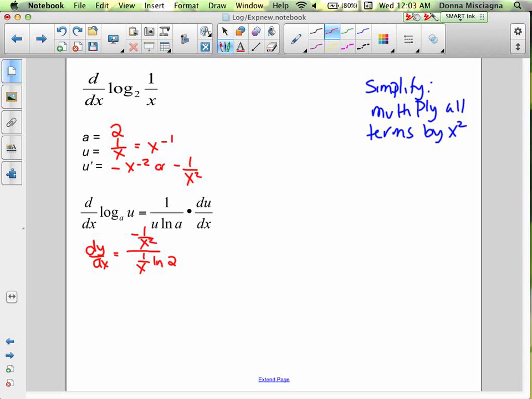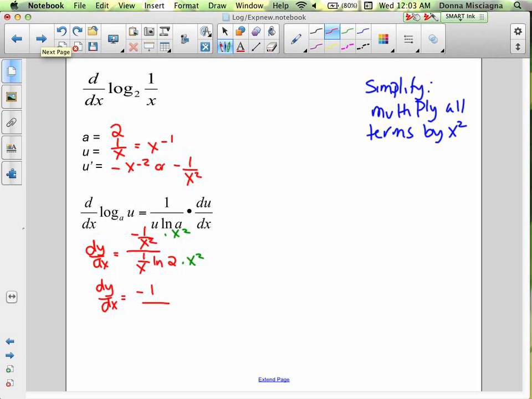So we want to simplify that. Our least common denominator is x squared. If we multiply by x squared, that will take care of all of the denominators. So we're going to multiply this term by x squared, and this term by x squared. Here, the x squareds would cancel, so we'd have dy dx equals negative 1 in the numerator.